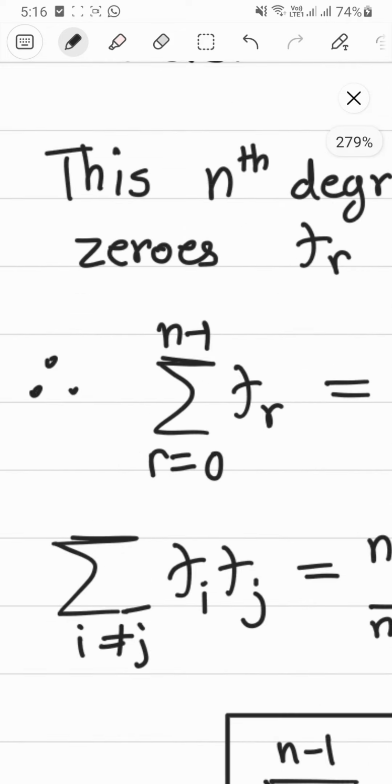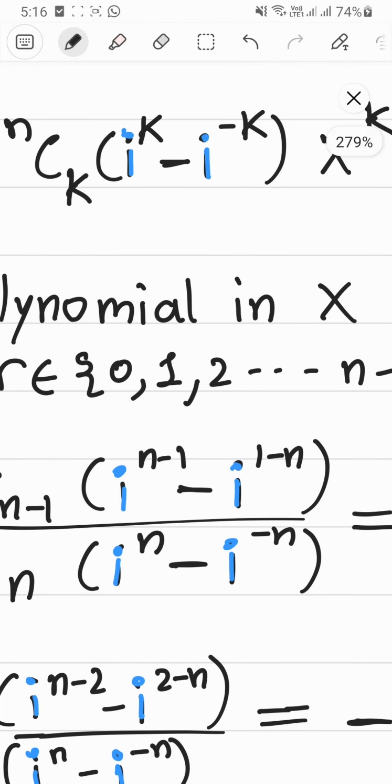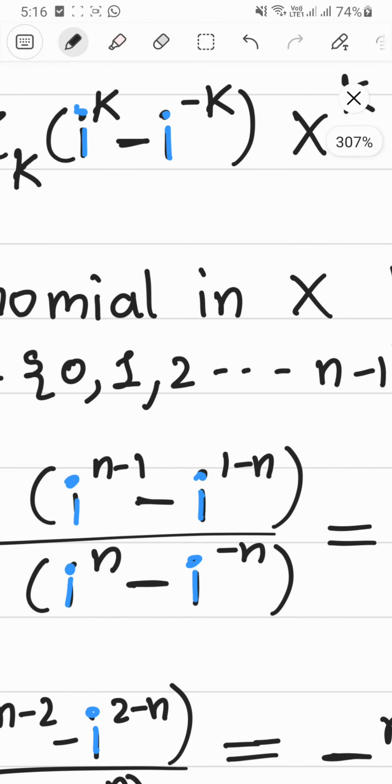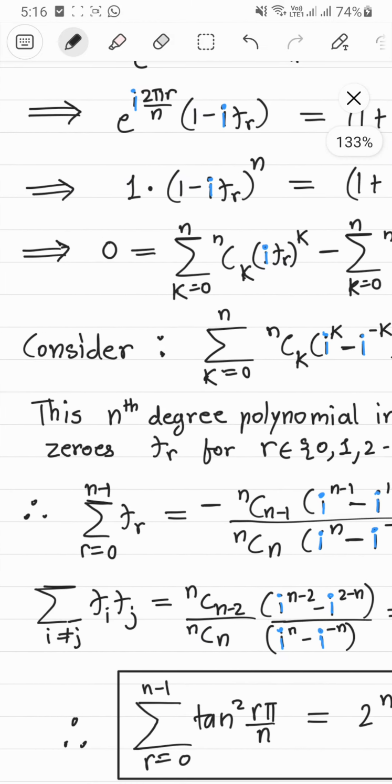This summation is in fact very easy, because i power n minus 1 minus i power 1 minus n is just 0. Why? Because n minus 1 is an even number. So i power n minus 1 is negative 1 to some integer power, and this thing is 1 upon negative 1 to the same integer power. So both are the same thing, and that means this bracket is just 0. So this whole summation is 0.